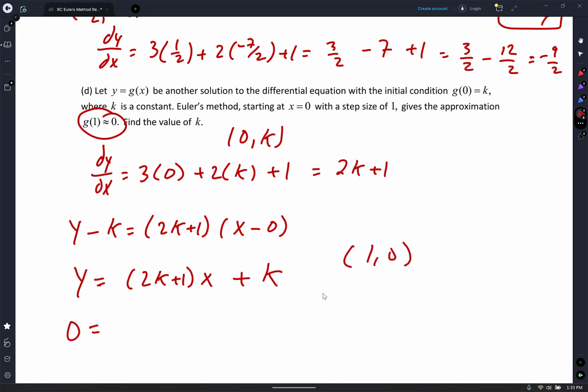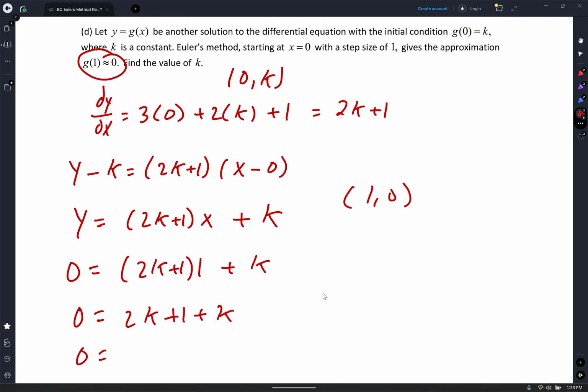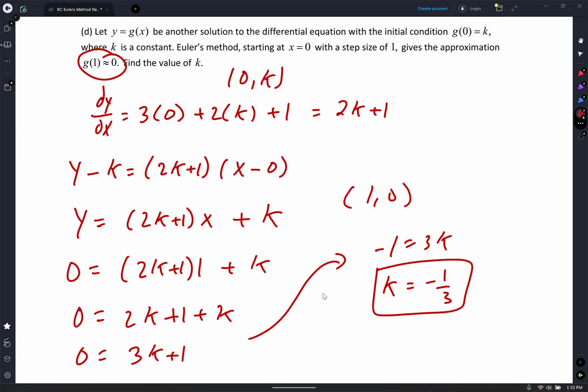So 0 equals, parenthesis, 2k plus 1 times 1 plus k. Drop the parentheses. 0 equals 2k plus 1 plus k. So 0 equals 3k plus 1, right? And then move the 1 to the other side. So negative 1 equals 3k. Divide by 3. So k equals negative 1/3.